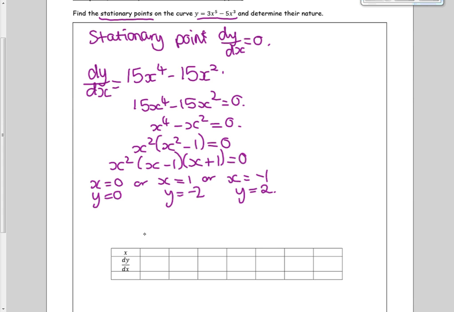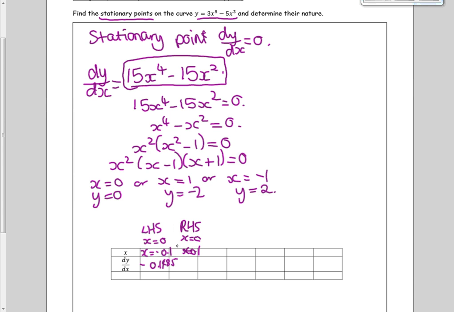So the first thing to do is to have a look at the left-hand side of x equals 0. The left-hand side of x equals 0 will be x equals minus 0.1. So substituting x equals minus 0.1 into this equation here will give us a dy by dx equal to minus 0.1485. Okay, now we need to test the right-hand side of x equals 0, and that'll be x equals 0.1.